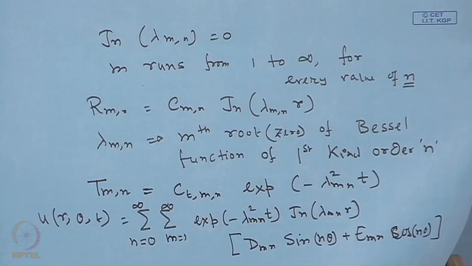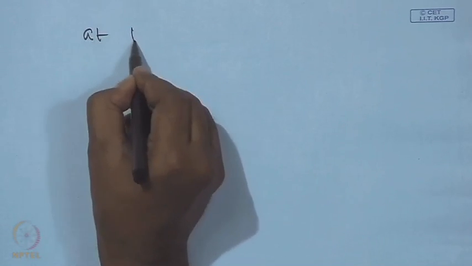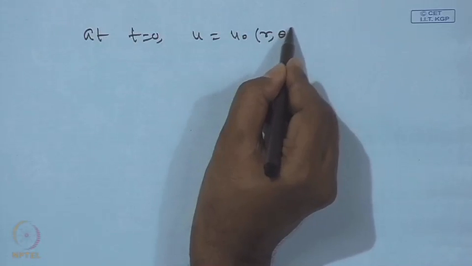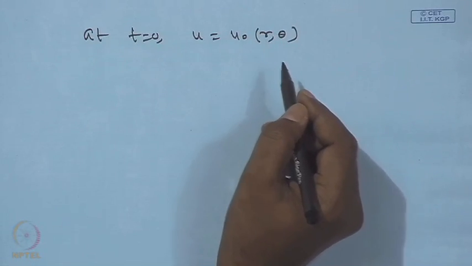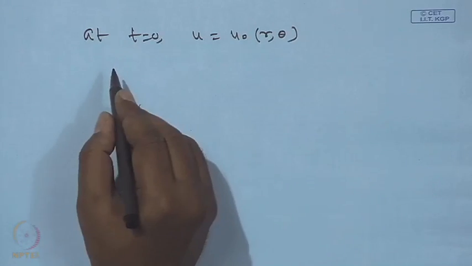Now, the only thing that is left is that one has to find the constants D m n and E m n. We have the initial condition at t equal to 0 unutilized, so we can utilize it. At t equal to 0, u is equal to u naught as a function of r and theta. In general, it may be a constant, a prescribed function of r, a prescribed function of theta, or a prescribed function of r and theta.